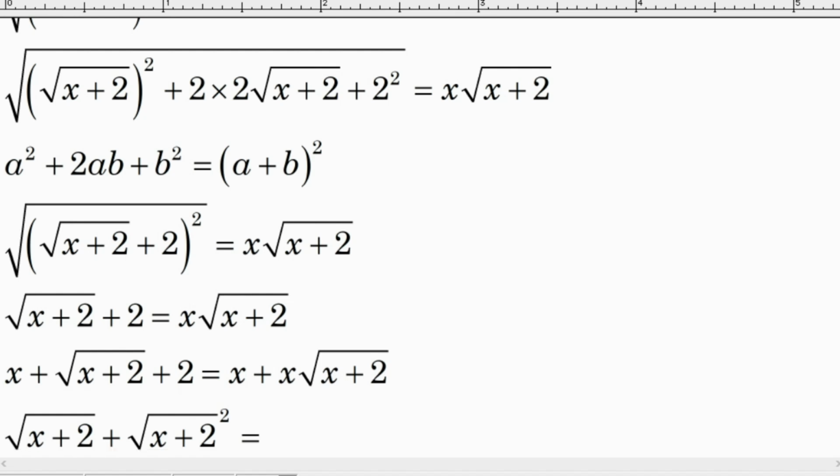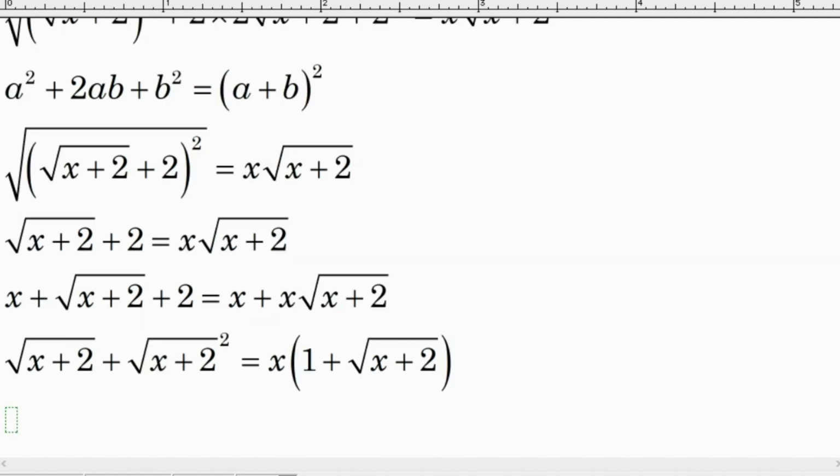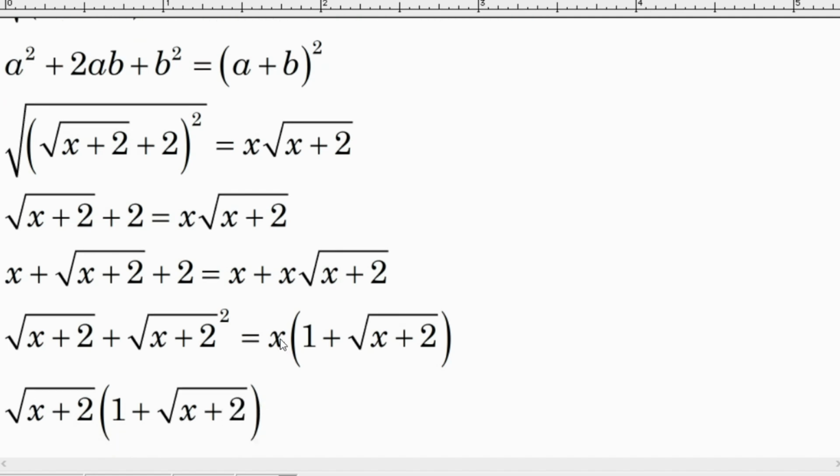Then equal to, we can take x in common and we get x times (1 plus square root of x plus 2). Now we have this as well, so we can take square root of x plus 2 in common, and we get square root of x plus 2 times (1 plus square root of x plus 2). I can move this to the left hand side, so it will be negative of this equal to 0.